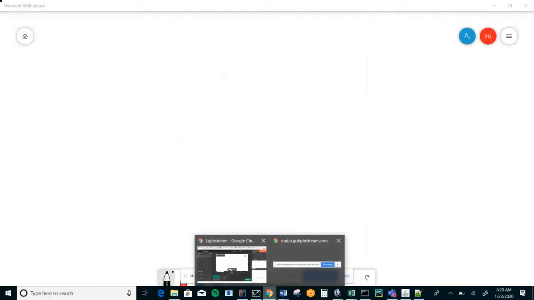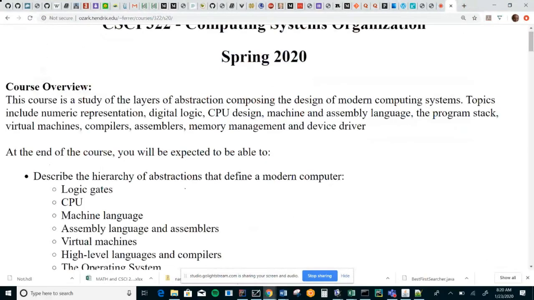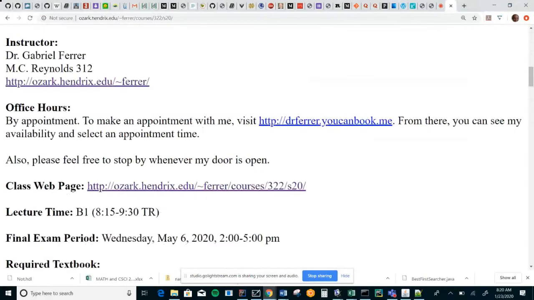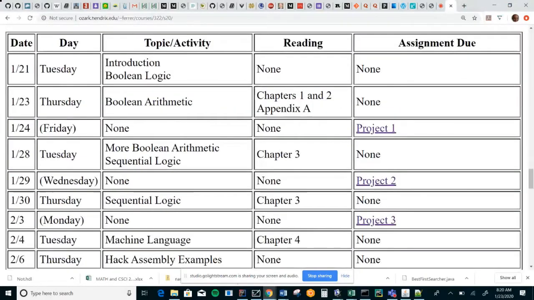Before I get started on this, I do want to go over our current timetable in terms of the various projects you're working on. So if I scroll over here. On Tuesday, we talked about Boolean logic. Project 1 was assigned. Project 1 is due tomorrow night.